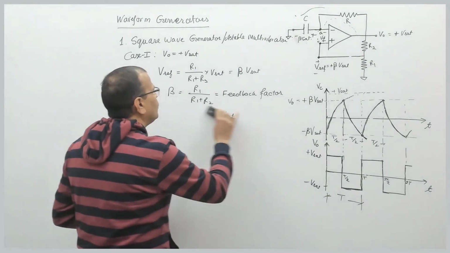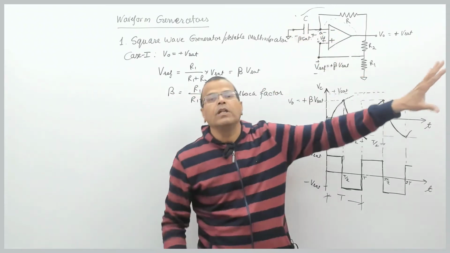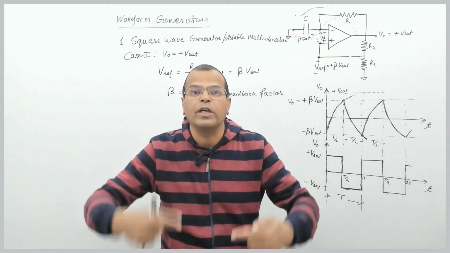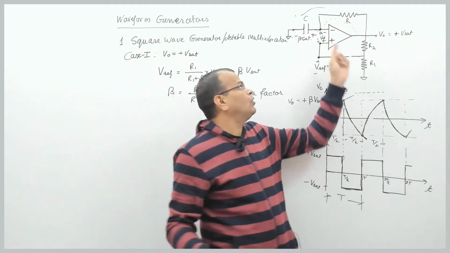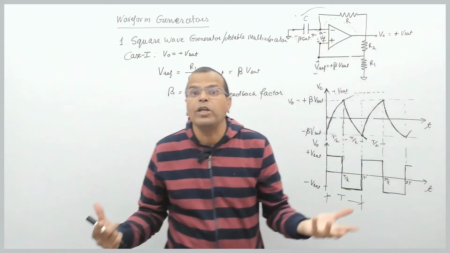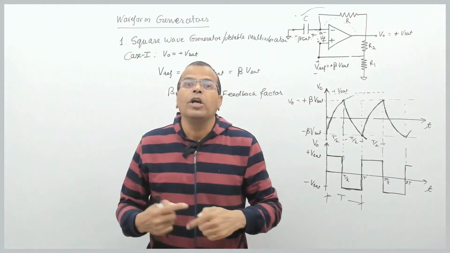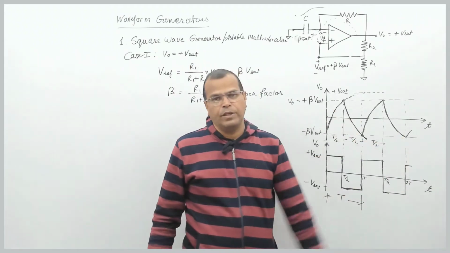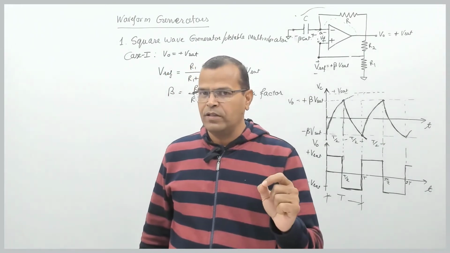circuit. Now you can see I have not applied any input to this circuit. This circuit is running continuously, giving me output continuously without any input, with some assumption that it had some input offset voltage which gave me plus V set initially, and that output voltage at saturated level is responsible for initiation of operation of the circuit and giving me the square wave continuously, because of which it is called a free running oscillator, right?